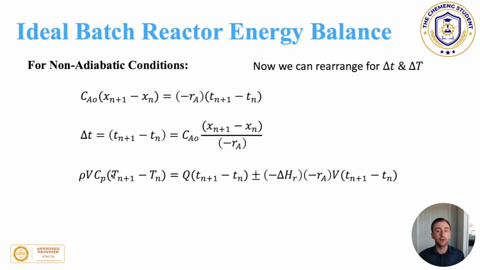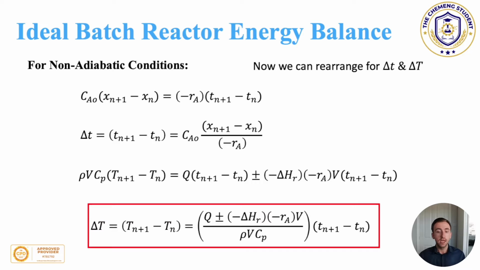We then incorporate our energy balance. Now here, the Q is the energy transfer to or from the surroundings, and that would either be plus or minus, depending on how we define our system. So therefore, for our change in temperature as a non-adiabatic system, we end up with this correlation here.